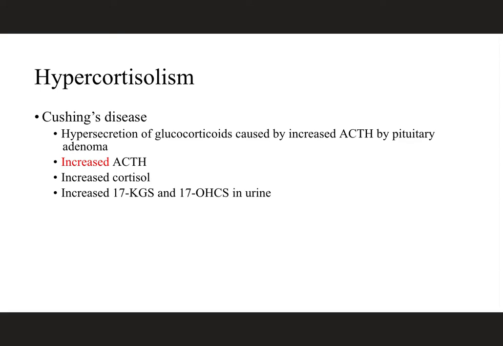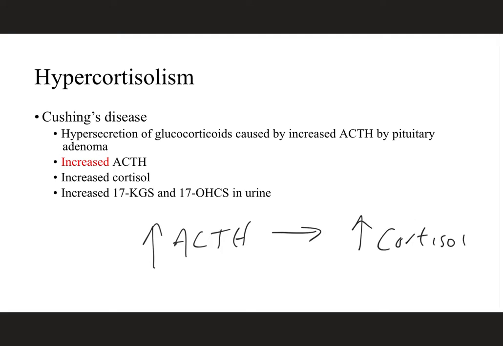The pituitary has a tumor on it, which increases hormone production, so we're going to have an increased level of ACTH, which leads to increased cortisol, and increased amounts of 17-KGS and 17-OHCS, which are metabolites of cortisol.